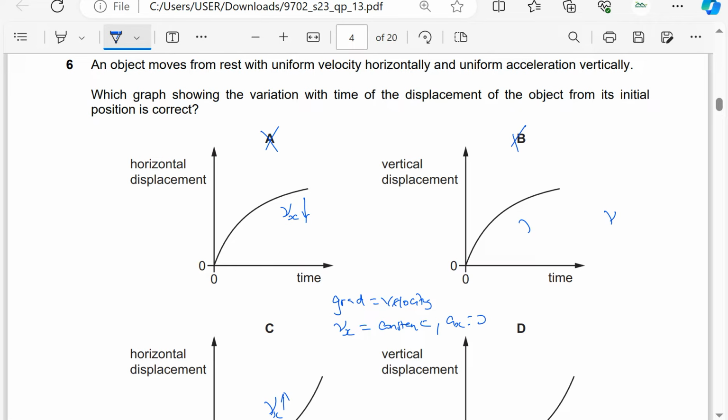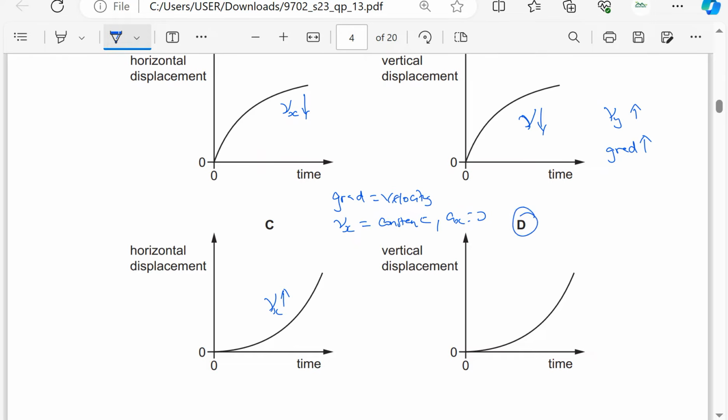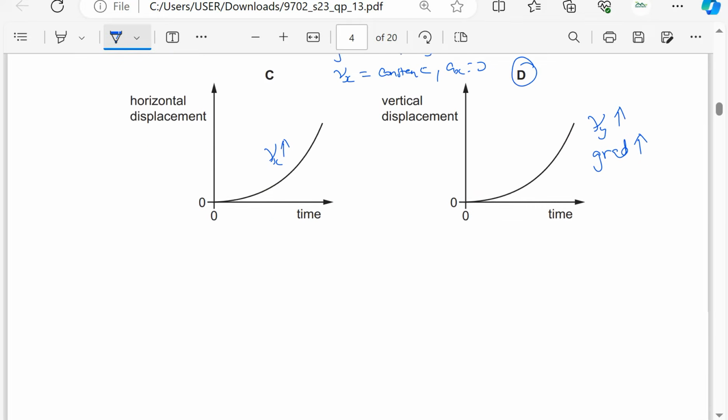So that means V in the vertical should increase. And how do we show an increase in velocity in the vertical? The gradient should increase. This one is wrong because it shows velocity is decreasing since the gradient is decreasing. This one is correct because it shows that the velocity in the vertical is increasing, because the gradient of this curve is increasing. So the answer is D.